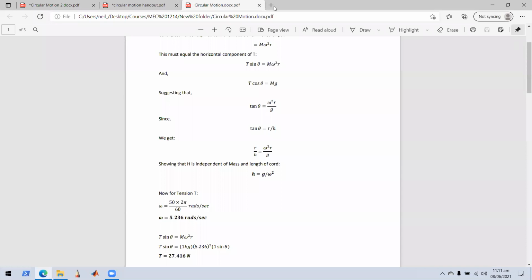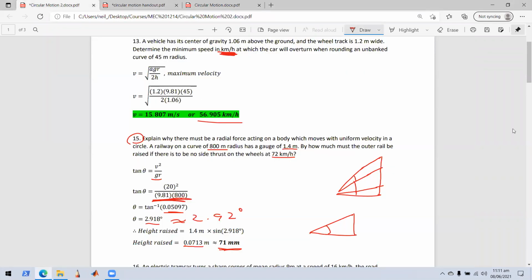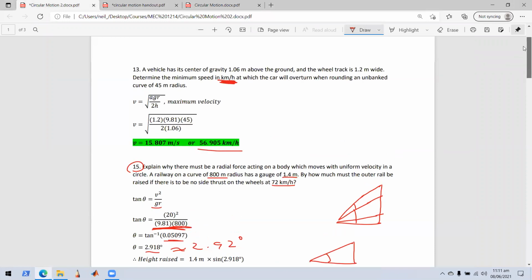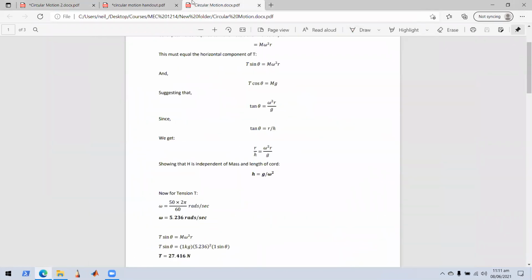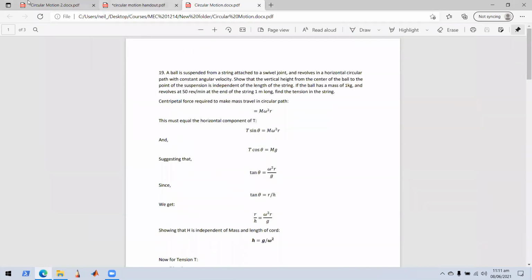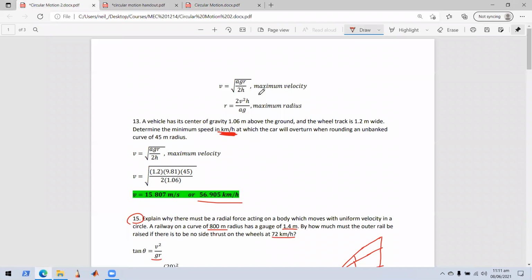The force, I think it's a centripetal force, F times h. That's affected by the height because the greater height would make it easier to tip over. The centripetal force is affected. Oh, for the cars, for the vehicles.